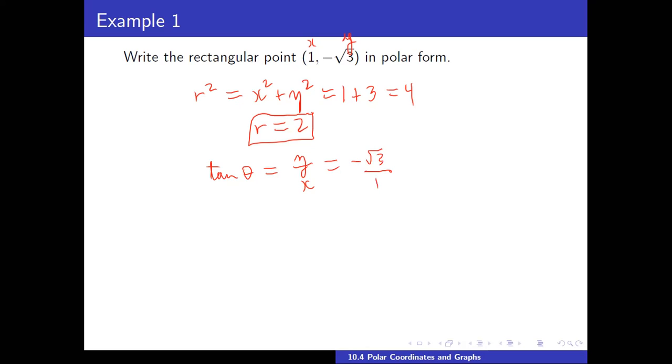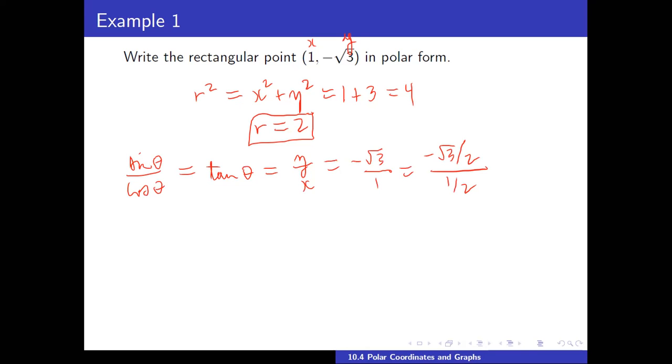Over 1. And just to kind of make you think in the right direction, let me write it this way: negative square root of 3 over 2 over 1/2. Maybe that will help you, because what is tangent? Isn't that just sine over cosine? So that means I need an angle where the sine is negative square root of 3 over 2 and the cosine is equal to 1/2.